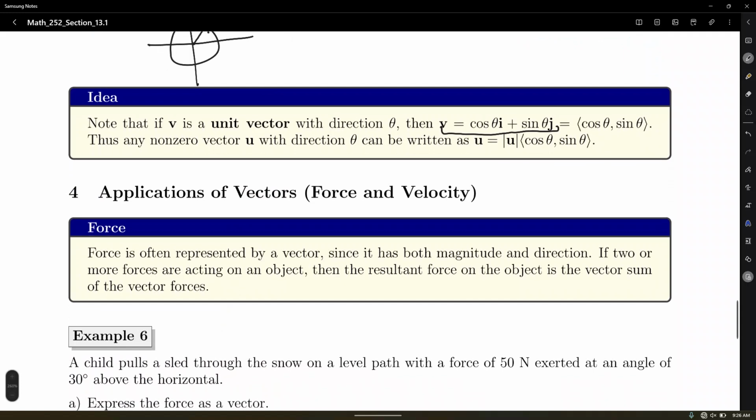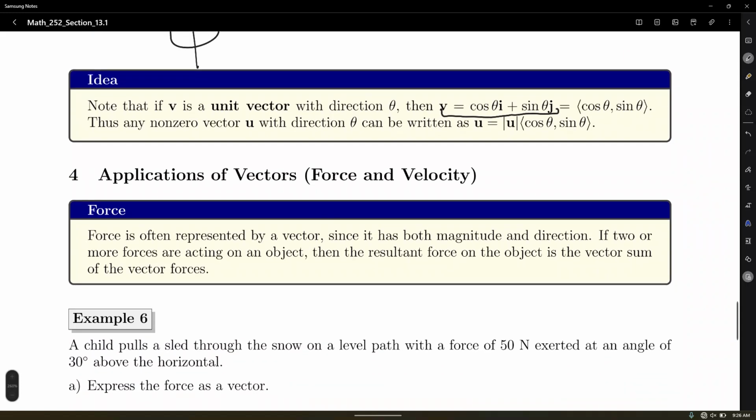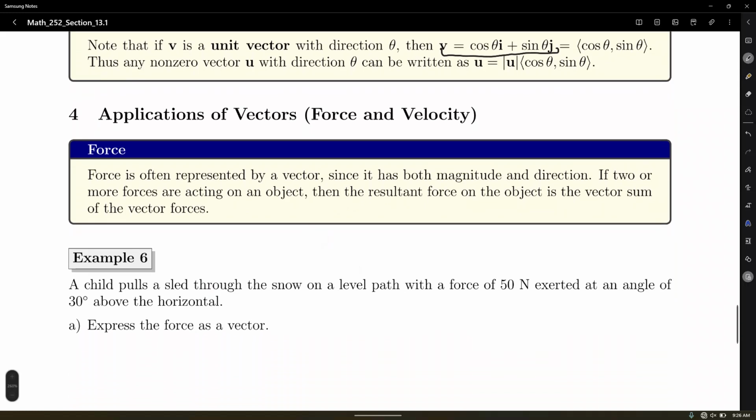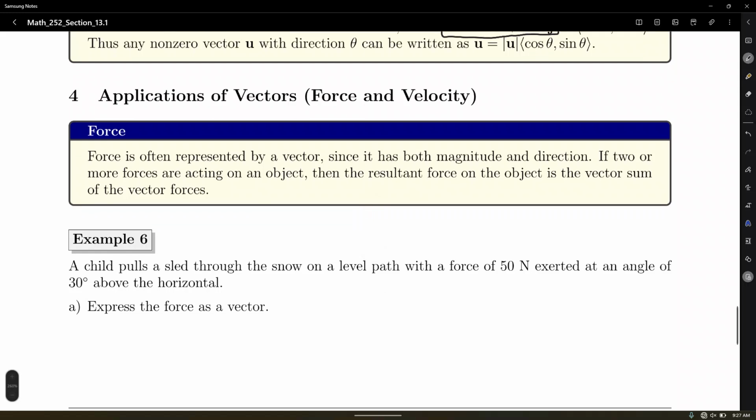There are many cases in which inclines, for instance, will be represented with these vectors. Oftentimes we will not be given the components of the vectors, but at least they're going to give us the angle. So if we're given the angle, then we have a vector representation given the angle and not the components, and from there we get those components. Forces and velocity, amongst many other applications of vector quantities.